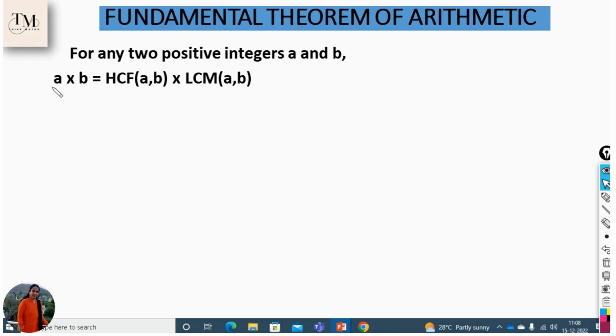That is, if they give two numbers, if we multiply the numbers, the answer will be equal to the product of HCF and LCM. So we can use this formula to find either HCF or LCM without calculating. So let us go to Example 7.